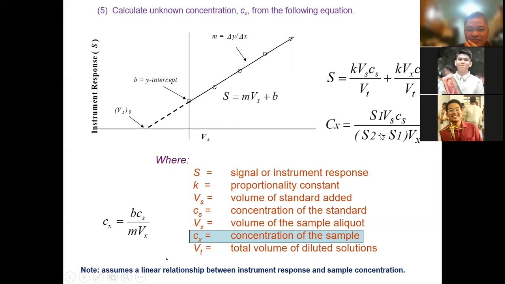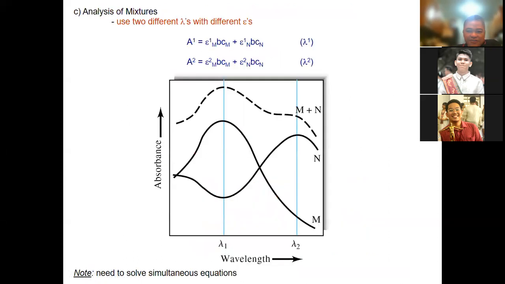So you can either do the single point standard addition or this one that has the calibration curve. And then you can also use this, what we call two-component analysis of UV-Vis. So you have here two different wavelengths with different molar absorptivity. So the way that you're going to do it, this is your sample that contains both N and M. So all you need to do is determine how much M and N you have based on the knowledge that you have. So this is what we call simultaneous equations.